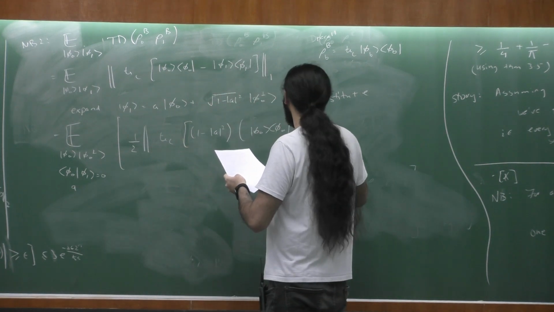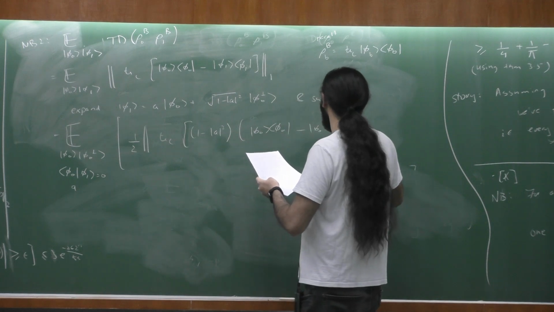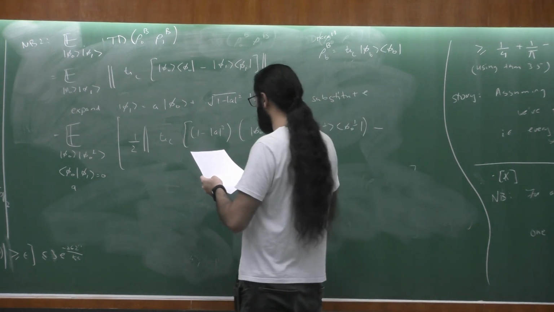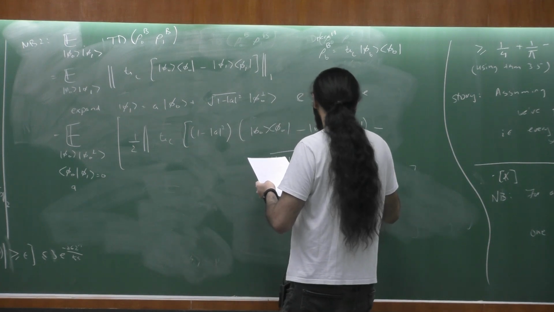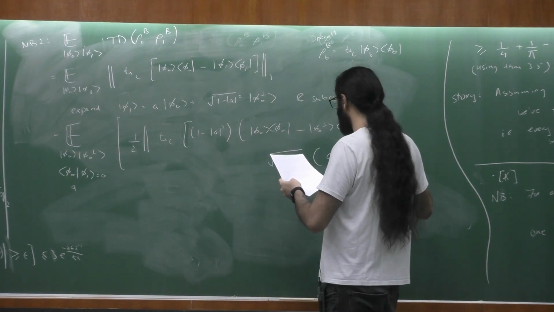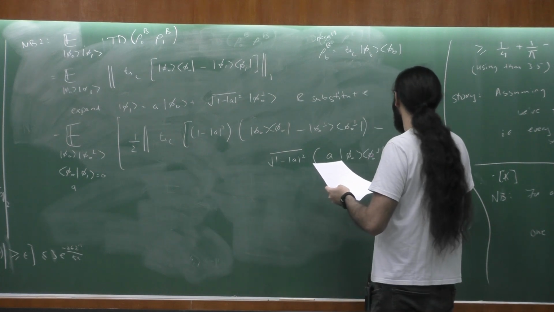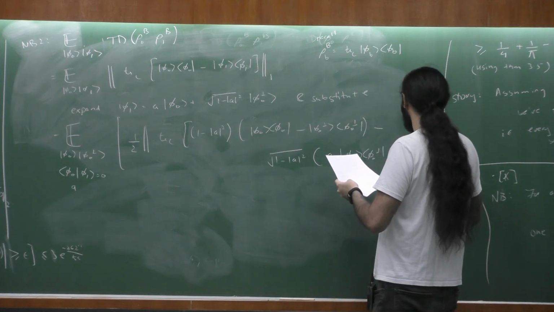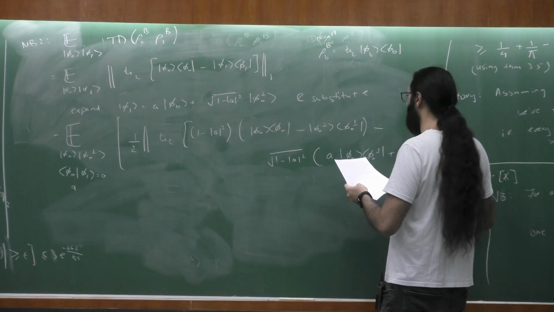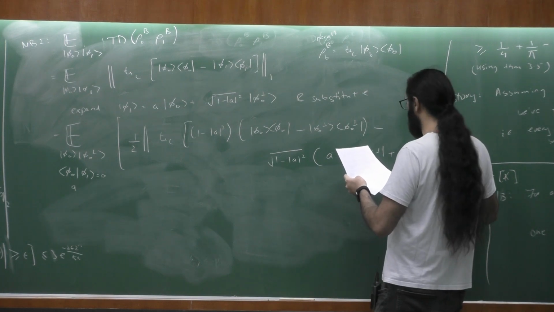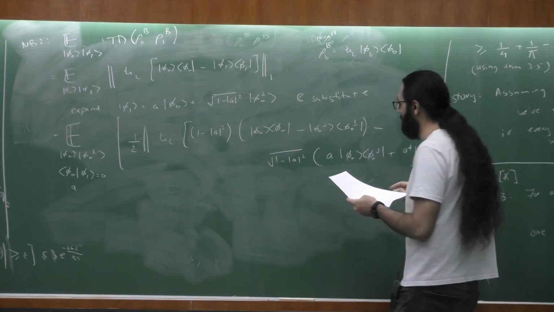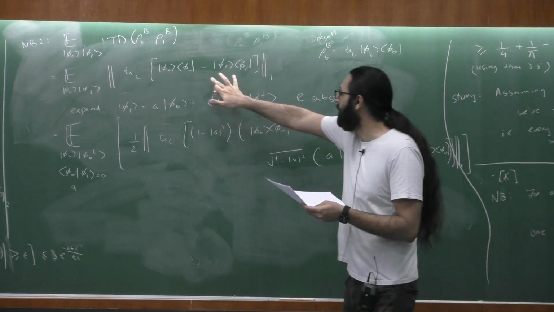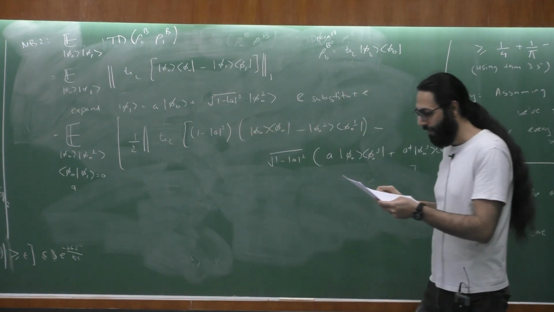Phi 0 perp minus square root 1 minus mod A square times A phi 0 perp plus A star phi 0 perp phi 0, just the Hermitian conjugate, right? So all I did was substitute this expression for phi 1 into this, and this is what we get.